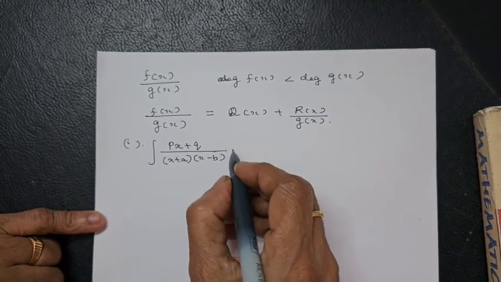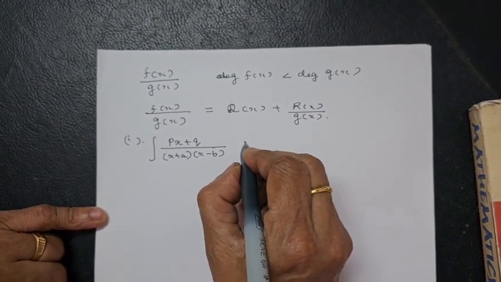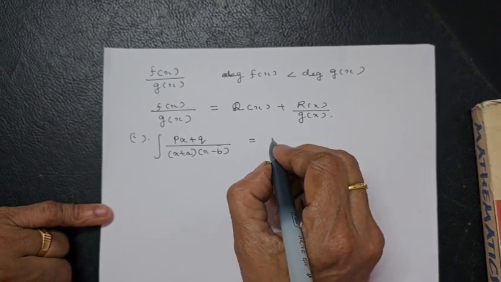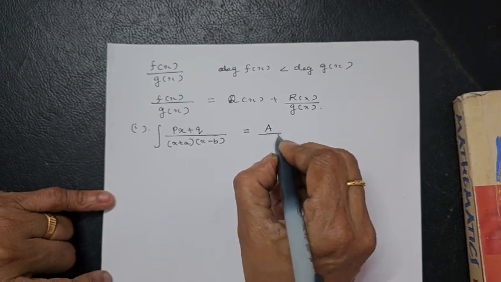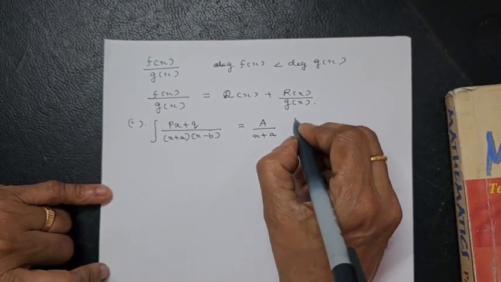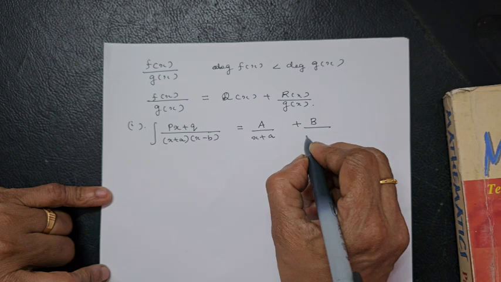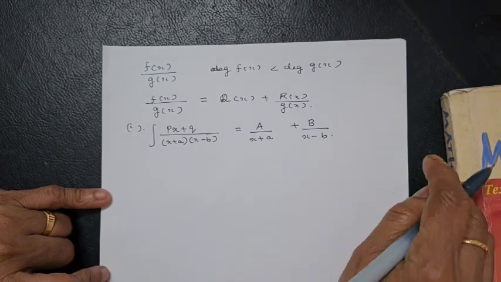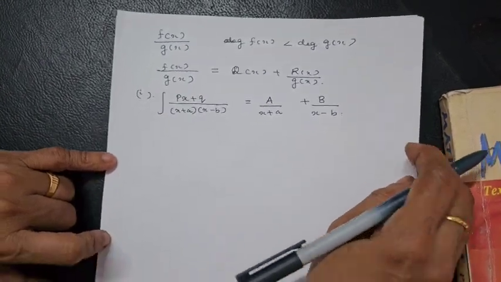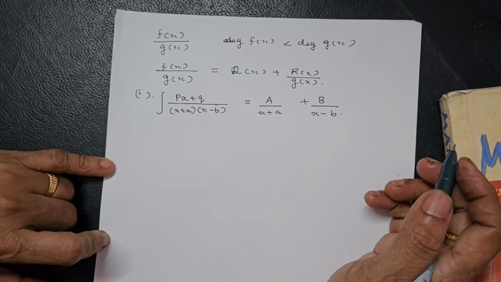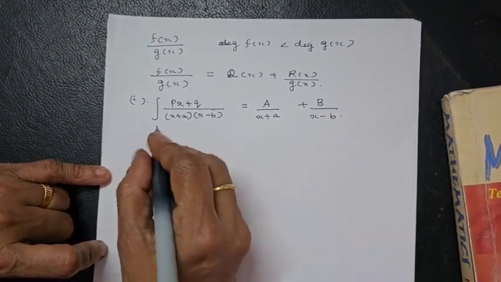In that case, we can decompose it into two simple rational functions, a by the first factor plus b by the second factor x minus b. After splitting into these two simple rational functions, we can easily integrate it.